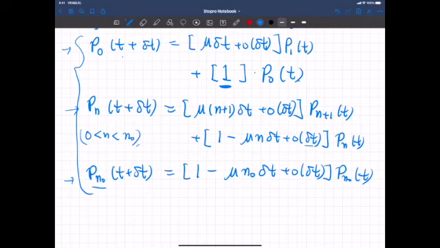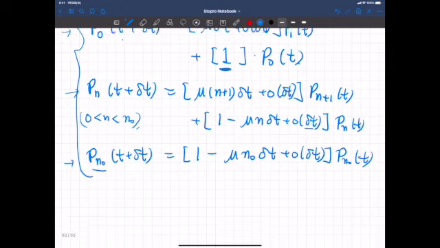And from these equations, I think you can already derive the following differential difference equations.